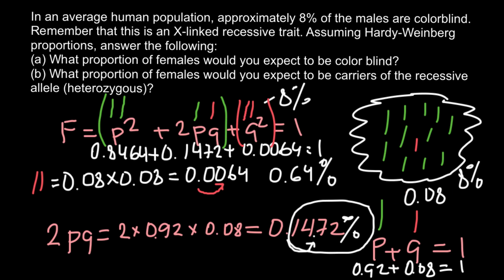If, for example, hemophilia had an occurrence in males of 1 in 1000, in females this would be 1000 multiplied by 1000. So in females this would occur 1 in a million. As you see, this is a tremendous difference explained by the fact that males have only one X chromosome and females have 2 X chromosomes.